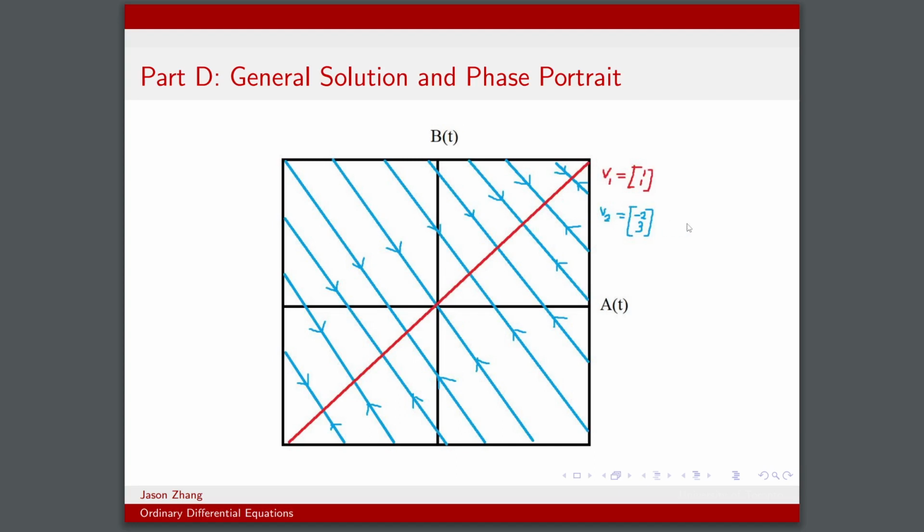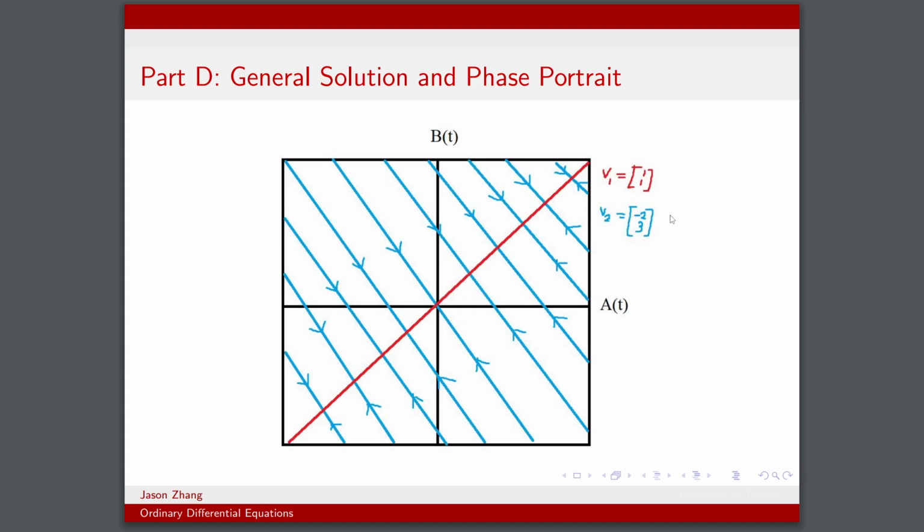And V2 corresponds to the vector -2, 3, which essentially shows that because the entries are negatives of each other, as B increases, A will decrease and vice versa.